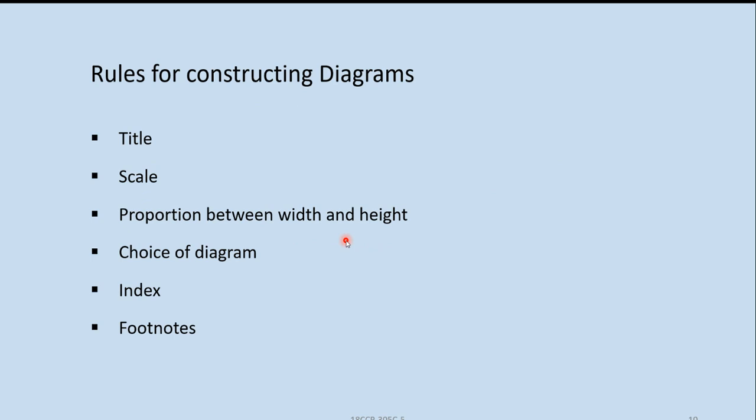Some rules are there for constructing the diagrams. When we are constructing the diagrams, we have to keep some rules in mind, and then we have to draw the pictures. These rules will help the user to understand the picture in the correct way in which the presenter is presenting the data.